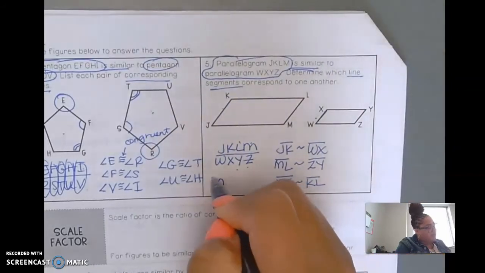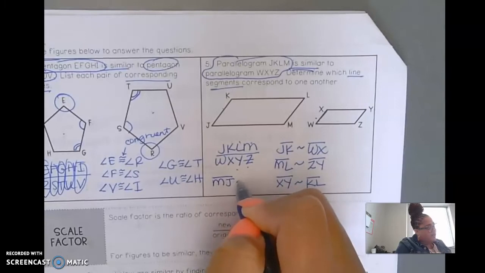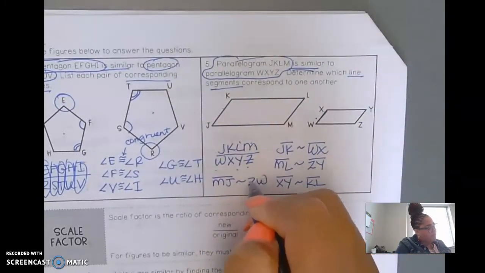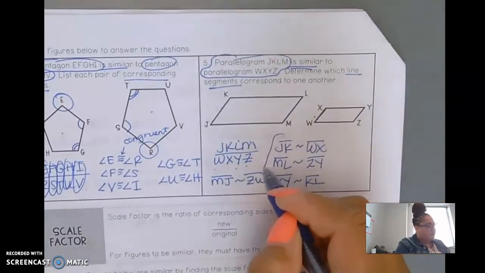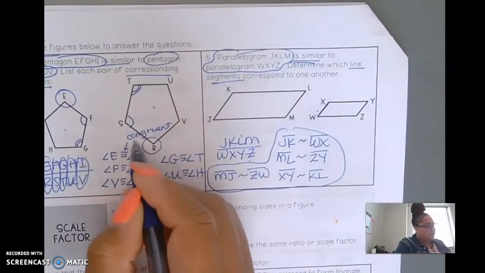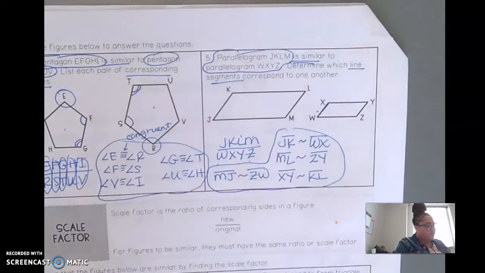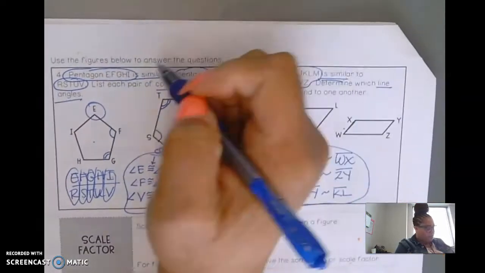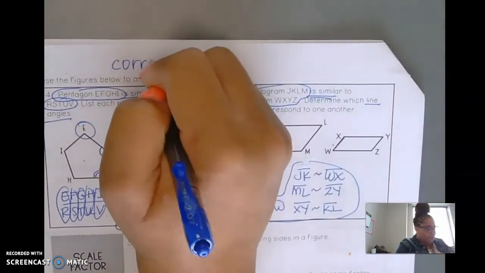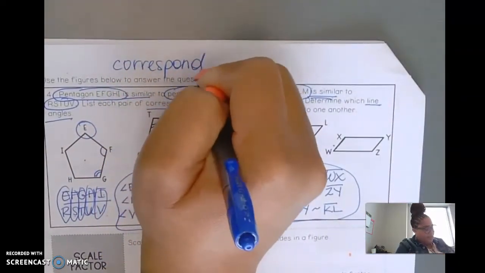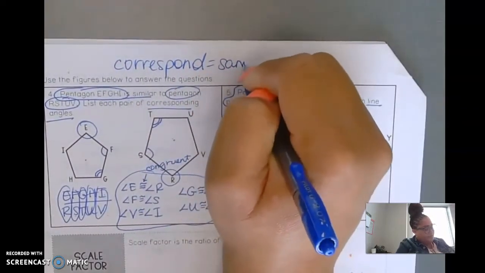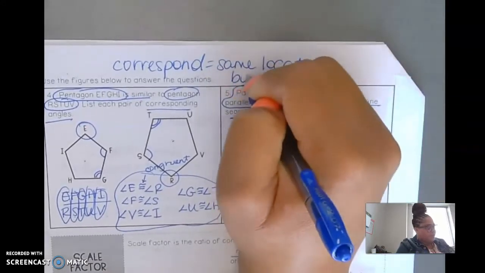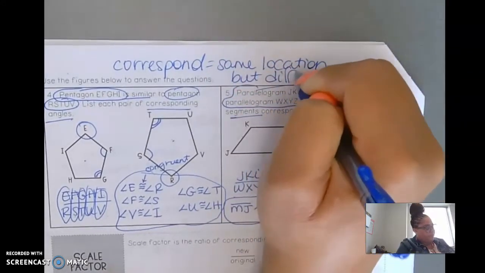Nope. And segment MJ is similar to ZW. Okay, so all of these are my similar segments, and all of these are my similar or congruent angles, corresponding angles. Okay, correspond means to be in the same location but different shape.